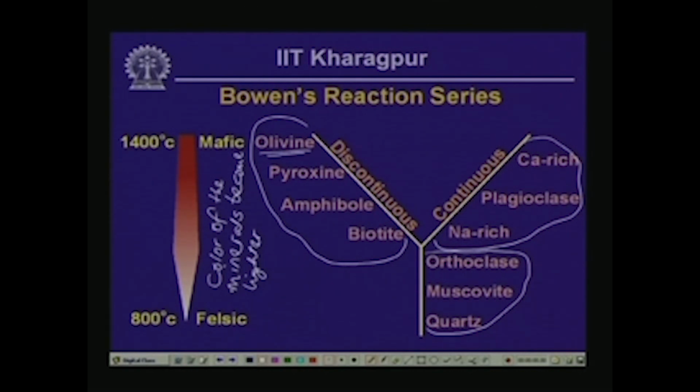Also, another thing that you might recall from the previous day's presentation was that olivine has the highest percentage of oxygen within the crystal structure, whereas quartz has the lowest percentage of oxygen in the crystal structure.